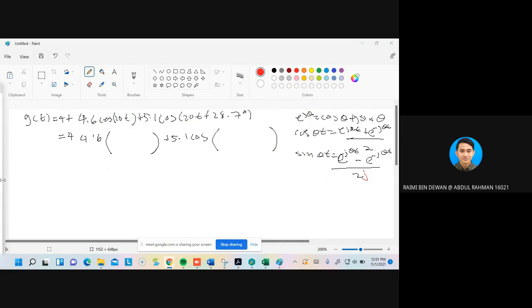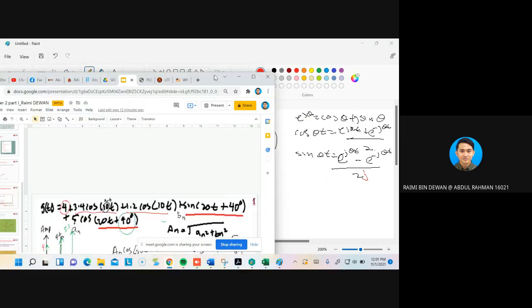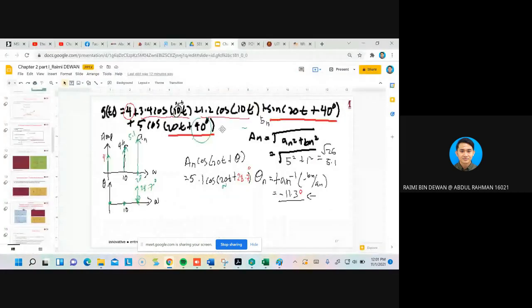Oh, his question is this one. Why are 3.4 and 1.2 not squared? Logically it is not squared because this one is the same. It's just that the multiplier is different, 3.4 and 1.2, so we just need to add them up.